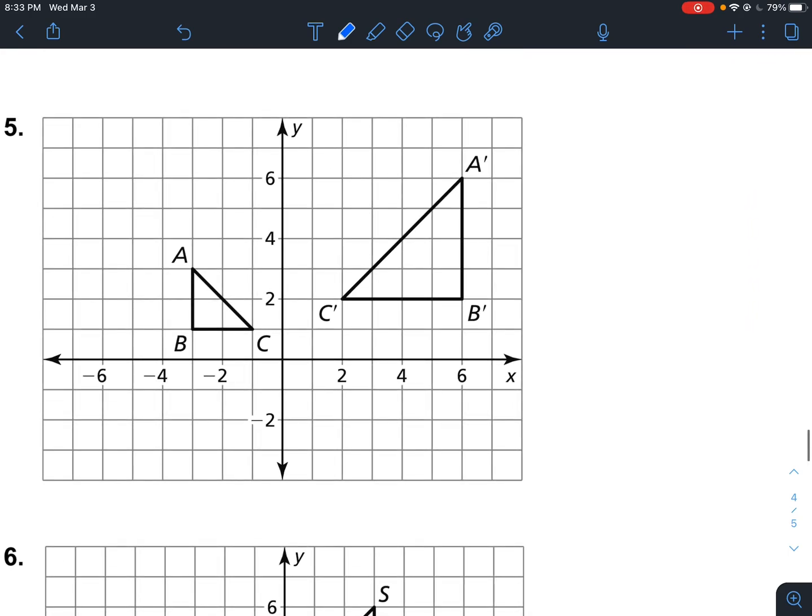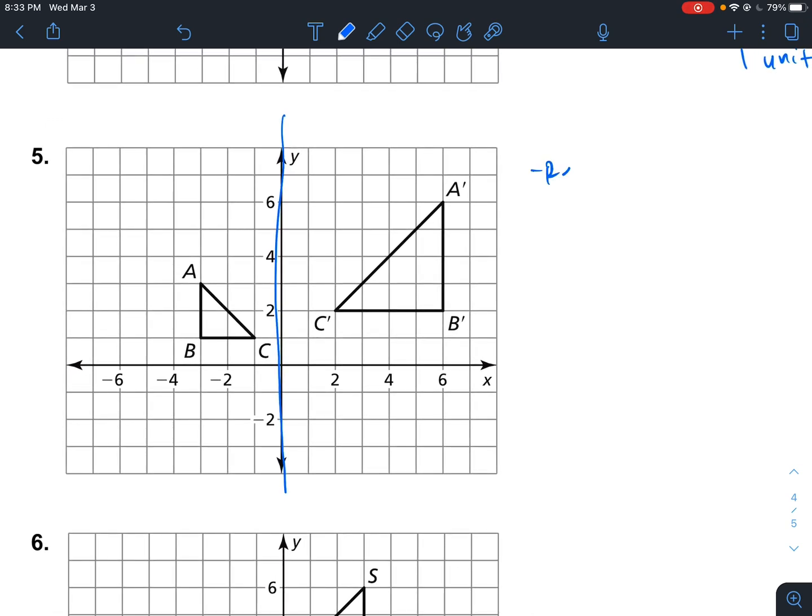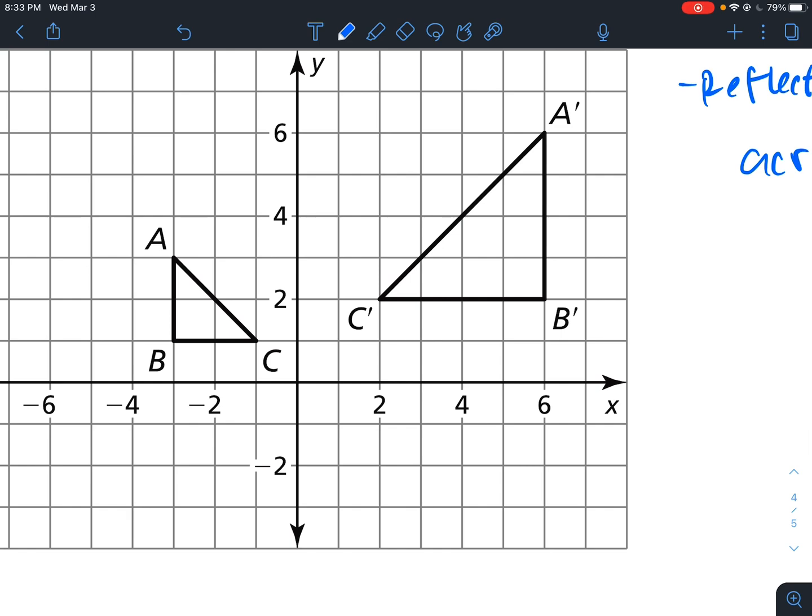So for 5, again, we're going from A to B. So let's see, first of all, what I notice is that it's reflected across the y. So if I reflect this across the y, then my figure goes there to there, there to there, there to there.